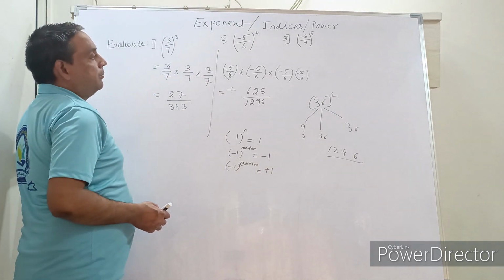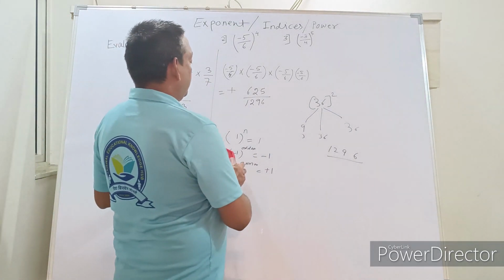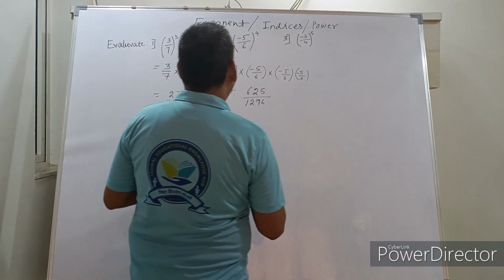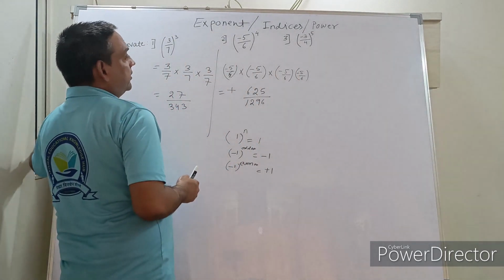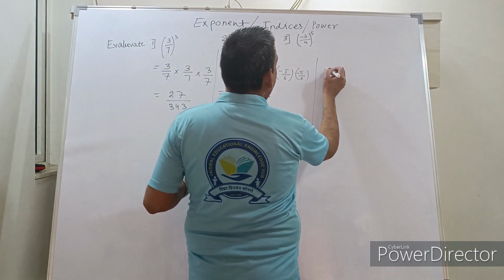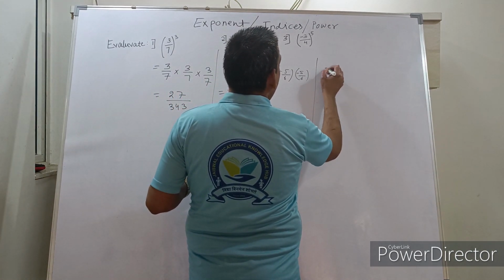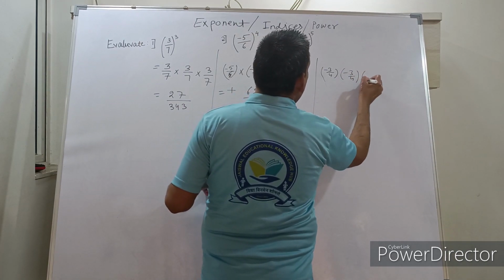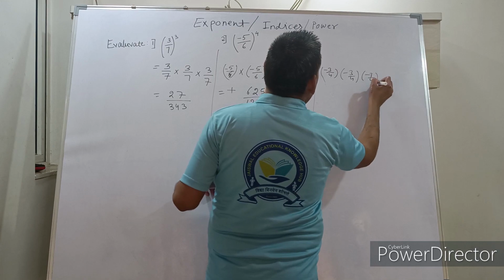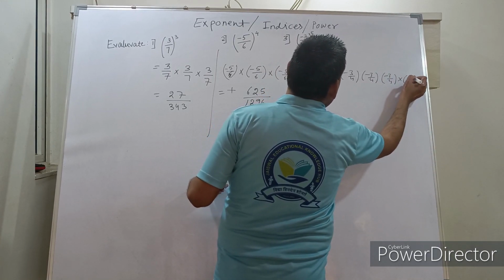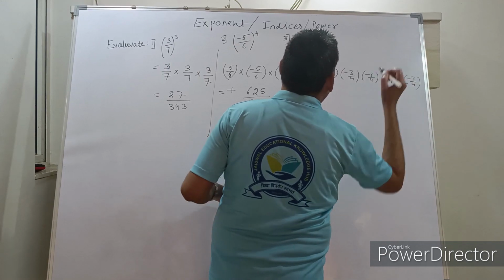Next one is minus 3 upon 4 raised to 5. Okay, so again a negative number raised to 5 is given. Minus 3 upon 4 into minus 3 upon 4 into minus 3 upon 4 into minus 3 upon 4 into minus 3 upon 4.